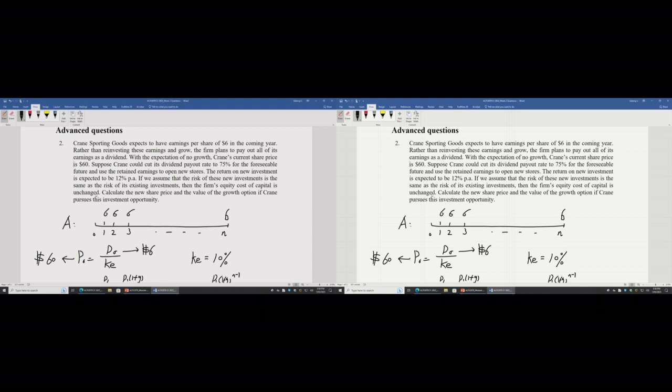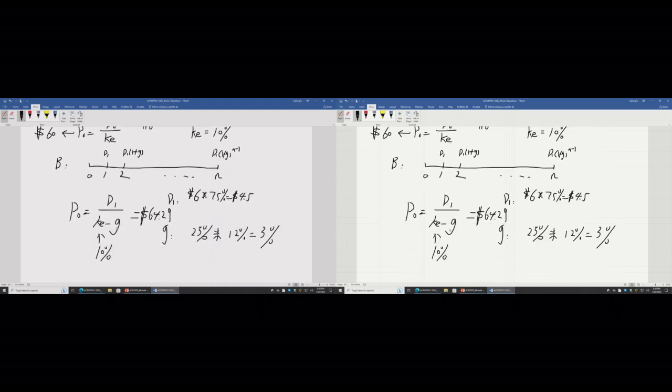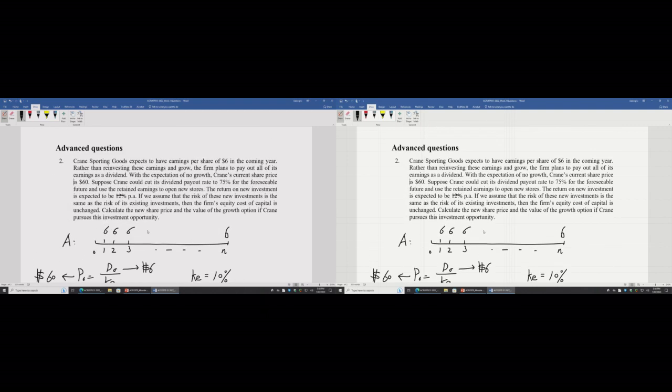And how can we tell that? You can directly compare the return on the new investment and the required rate of return from the equity investor. The return on new investment, you can view that as a return. The required rate of return from the equity investor is actually the cost for the company.